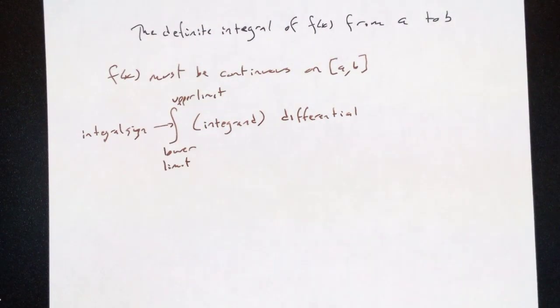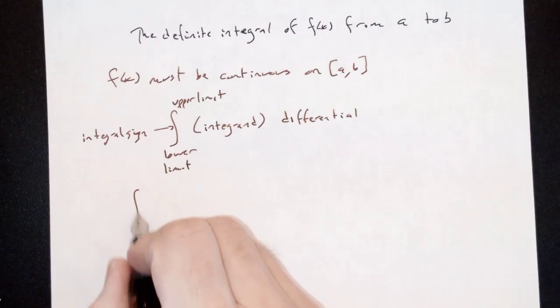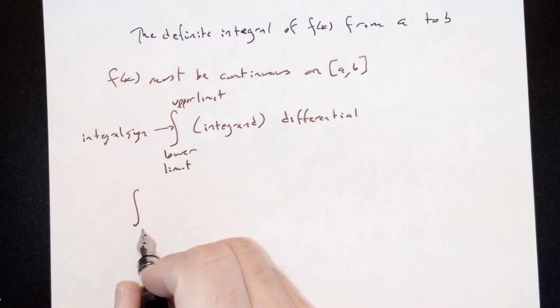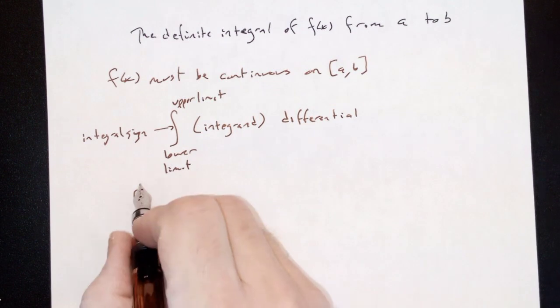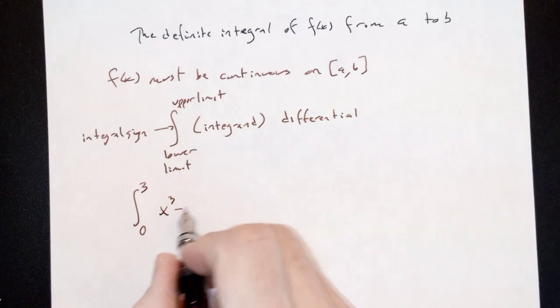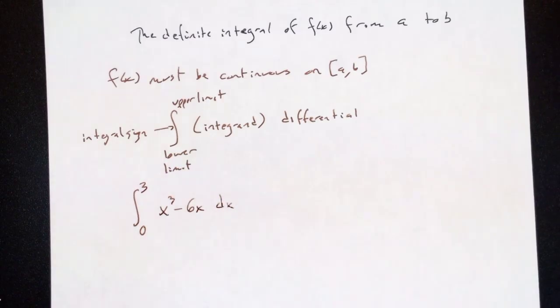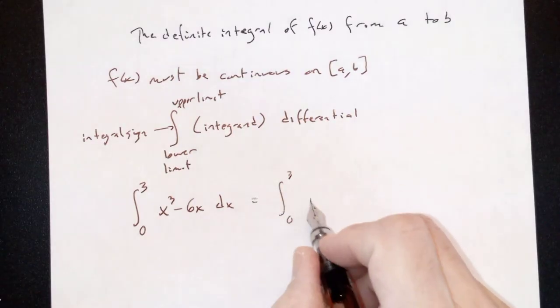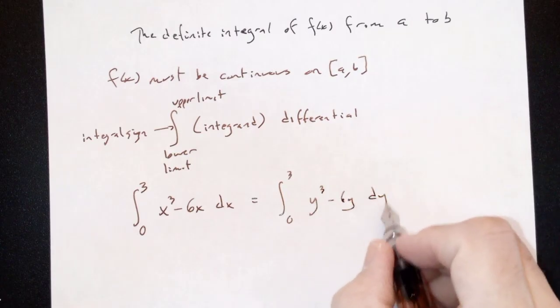But there's absolutely no requirement that I use x. Let me find the actual example I'm going to do. The integral from 0 to 3 of the function x cubed minus 6x dx with respect to x is exactly the same as writing the integral from 0 to 3 of y cubed minus 6y dy.